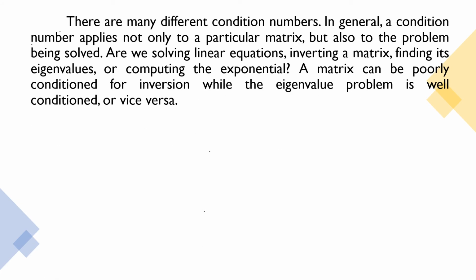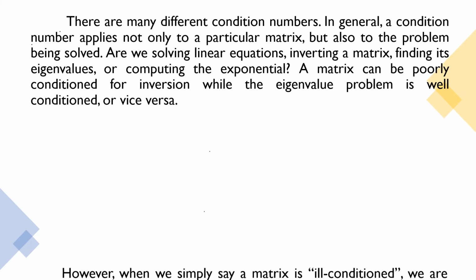In general, a condition number applies not only to a particular matrix, but also to the problem being solved. Are we solving linear equations, inverting a matrix, finding its eigenvalues, or computing the exponential? A matrix can be poorly conditioned for inversion, while the eigenvalue problem is well conditioned, or vice versa.